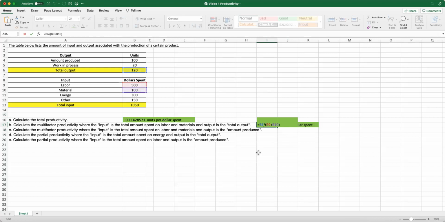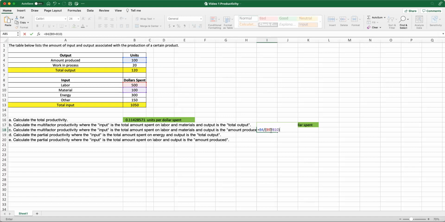Okay, again, the formula is on the screen. So we did 120 divided by 500 plus 100. Part C is a similar question, but the difference is here the output is the amount produced. The input is still the amount spent on labor and materials. So the only difference is that instead of using 120, we will use 100, and we will divide that value by the same calculation, 500 plus 100.